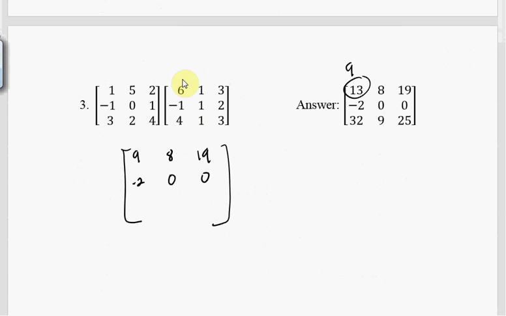Third row, first column, you get 18, minus 2 is 16, plus 16, 32. Then third row, second column, they're all ones, you're just adding everything in this row here. So we get 5 plus 4 is 9. Then the last row times the last column, so it's 9 plus 4 plus 12, 25.